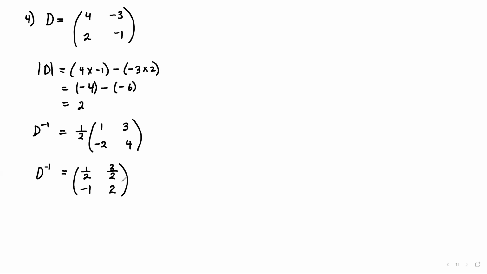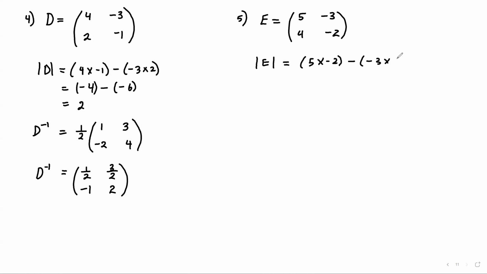Number 5, E. We had E given as 5, negative 3, 4, negative 2. So the determinant of E is 5 times negative 2 minus negative 3 times 4.